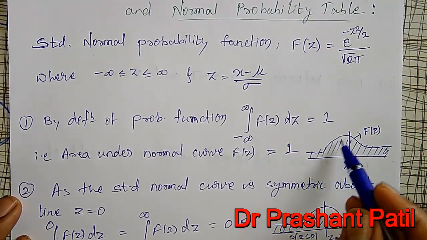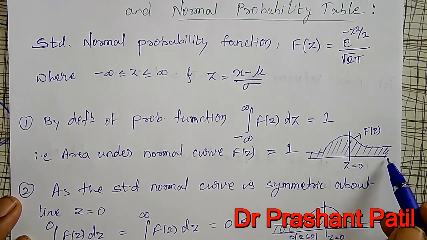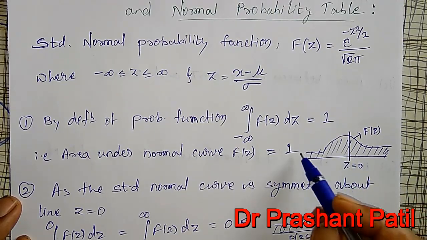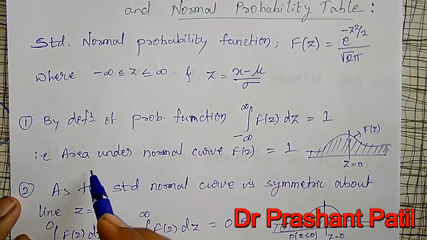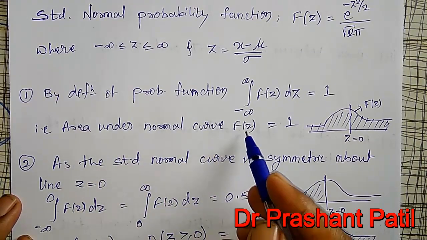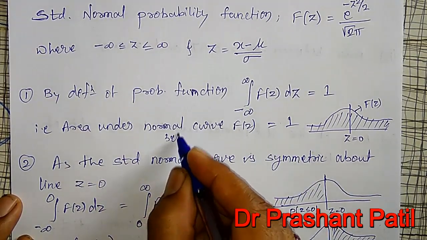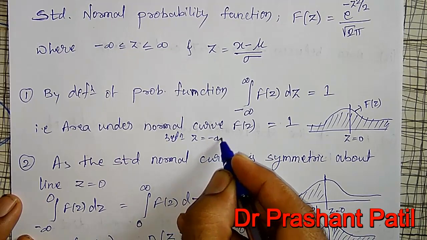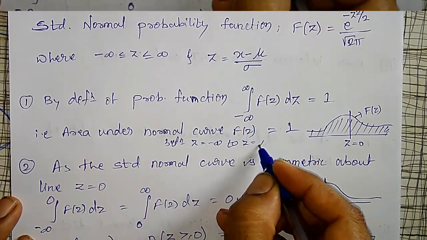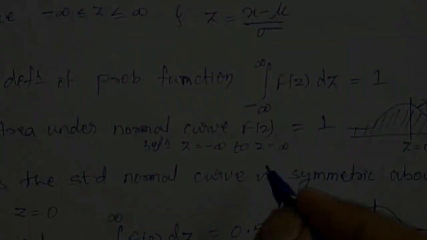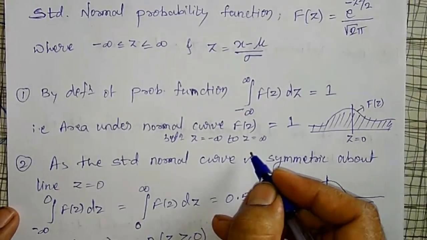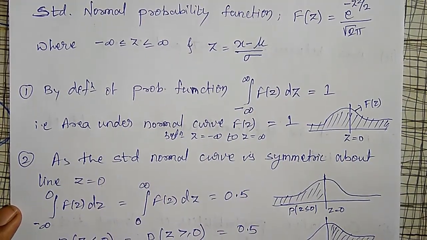Therefore, the total area from minus infinity to plus infinity must be equal to 1. This integration represents the area under the normal curve f of z between z equal to minus infinity and z equal to plus infinity. That must be equal to 1.